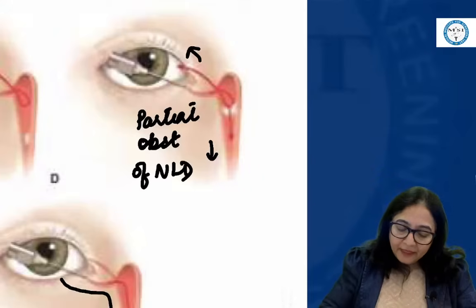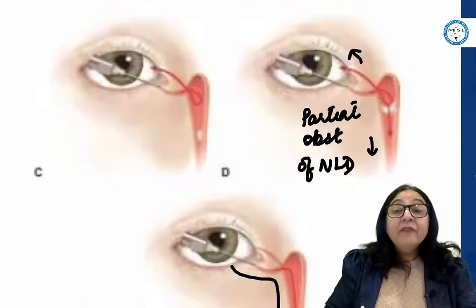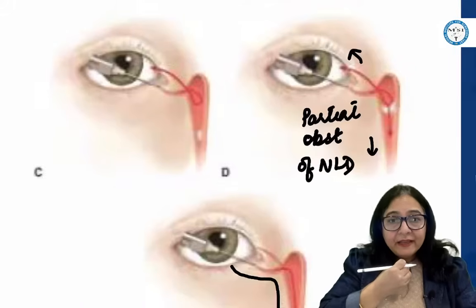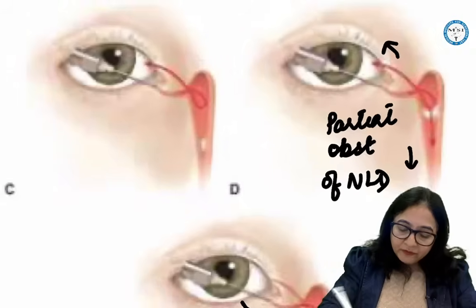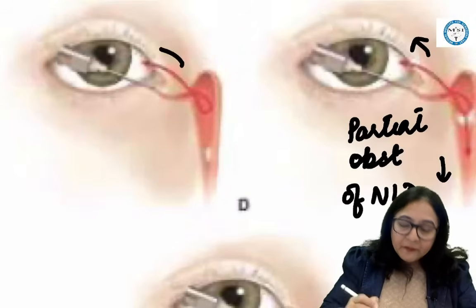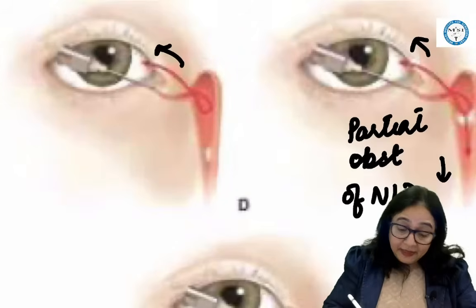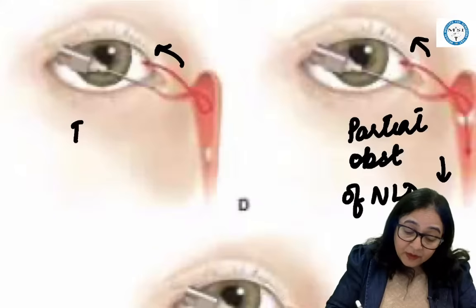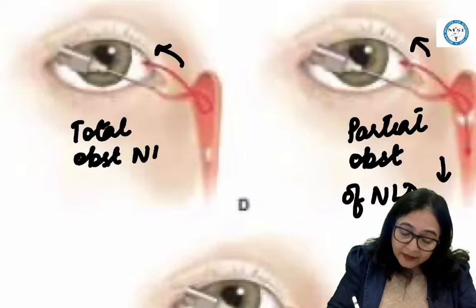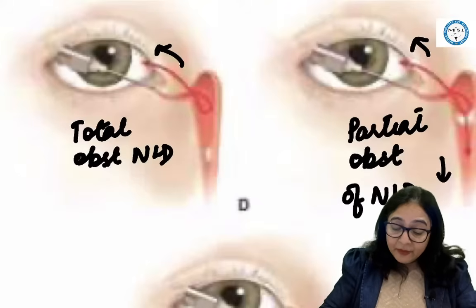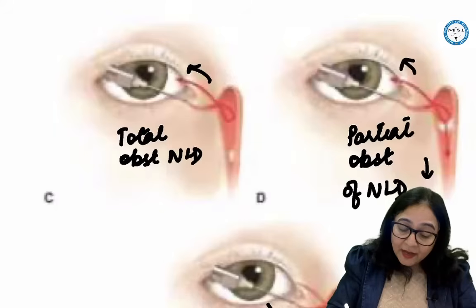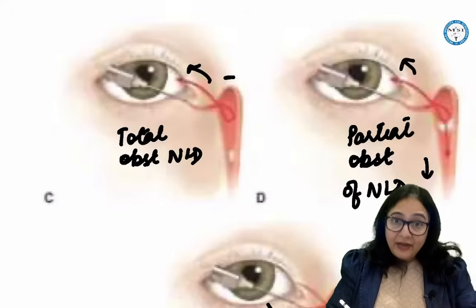If the patient does not feel any fluid and the whole of the fluid comes from the opposite punctum, it is a total obstruction of the nasolacrimal duct. But in these cases, you are able to advance the cannula up to the lacrimal sac area.